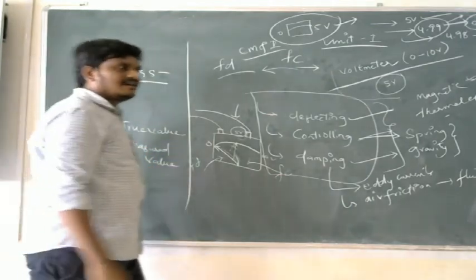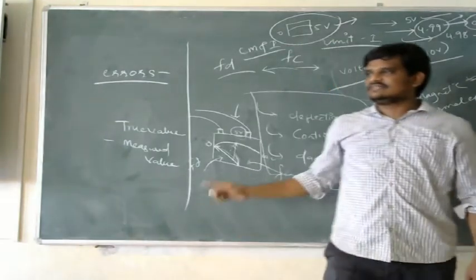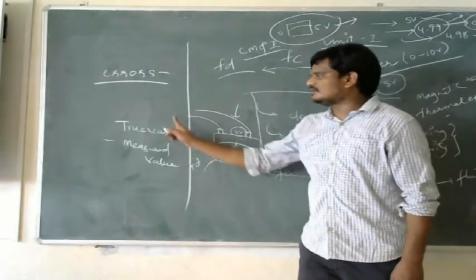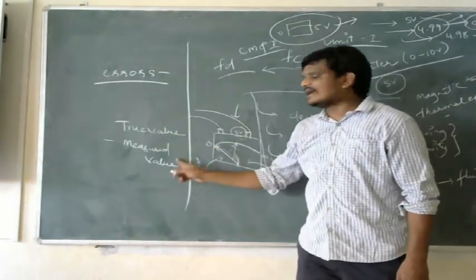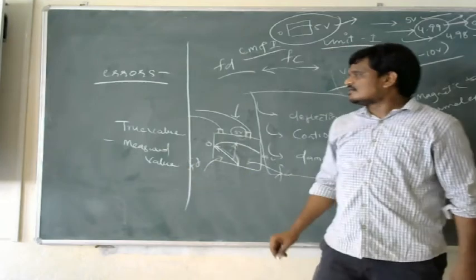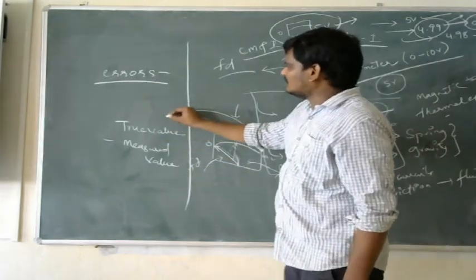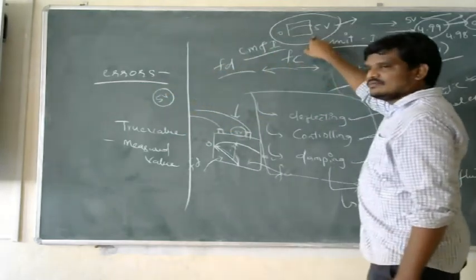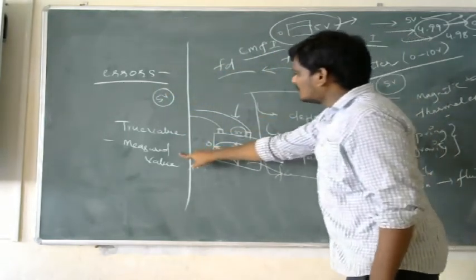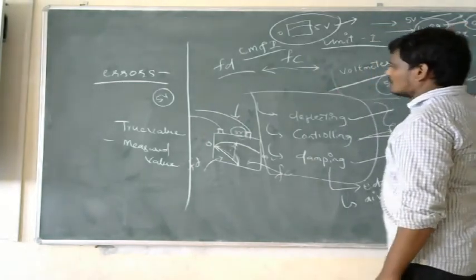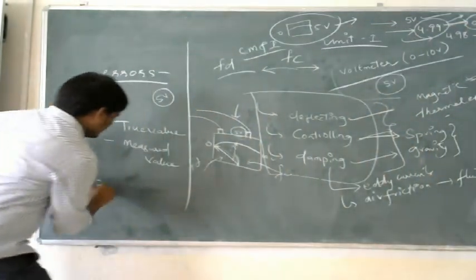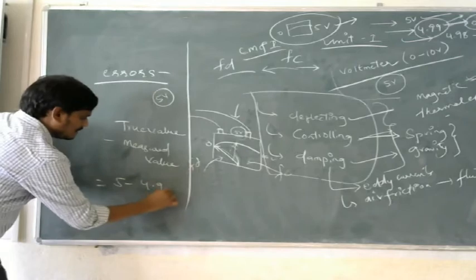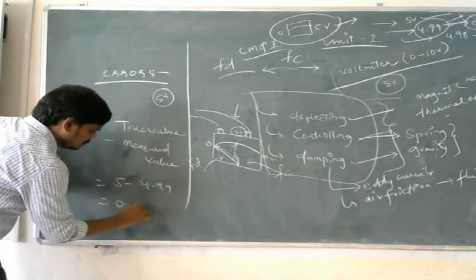That is, the error can be defined as the deviation or difference between the true value of the instrument and the measured value of an instrument. For example, the true value of the instrument is 5 volts, as I have taken the range of the voltmeter as 5, and the measured value I got from the voltmeter is 4.99. So 5 minus 4.99 is equal to 0.01.